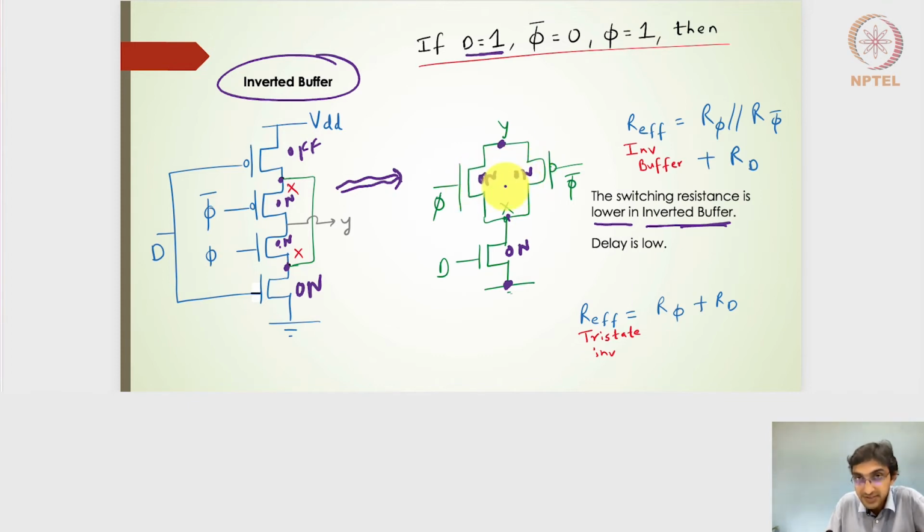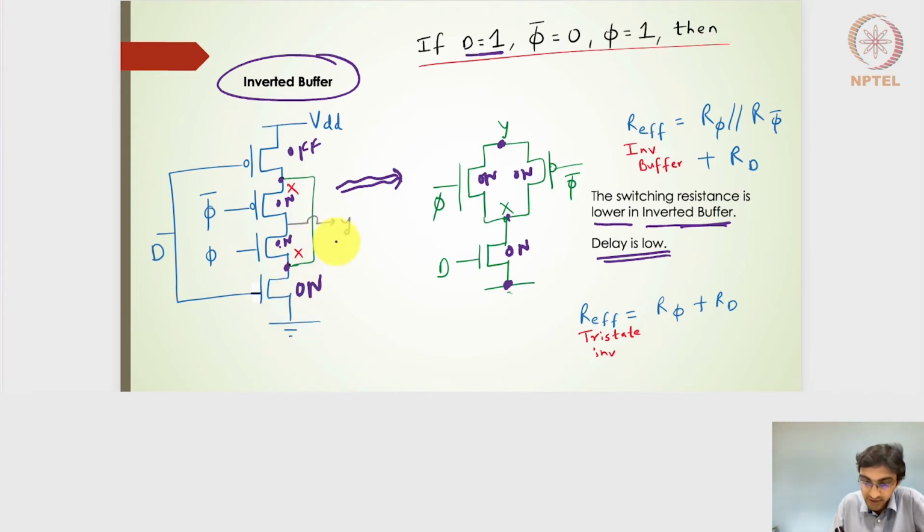Having a parallel transistor with a similar width is likely to reduce the overall switching resistance from Y to ground. If the switching resistance is lower, then the delay will be lower. Whereas the R effective, the switching resistance in a Tristate inverter, turns out to be one transistor at the output node used for the switching resistance, and then the other one, this particular transistor.